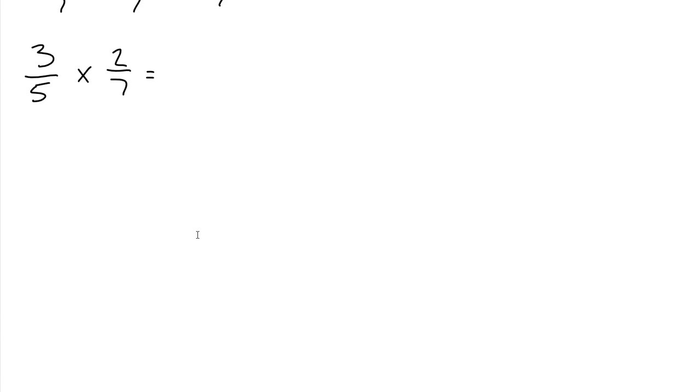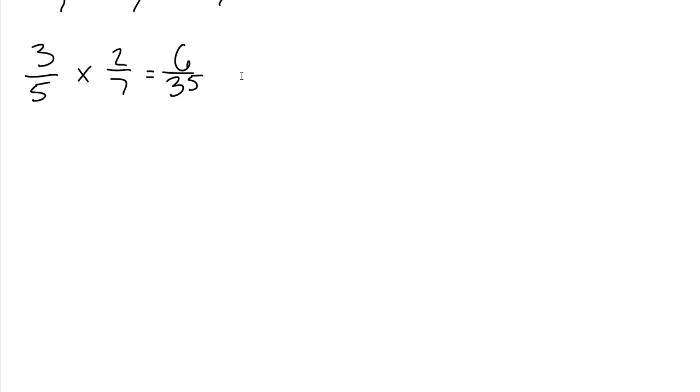Why not? 3/5 times 2/7, and we get 6 over 35. Now, we could look to see if we can simplify this. I happen to know we can't simplify it. 6 is 2 times 3, and 5 times 7 is 35. They don't share any common numbers, so we can't simplify it.